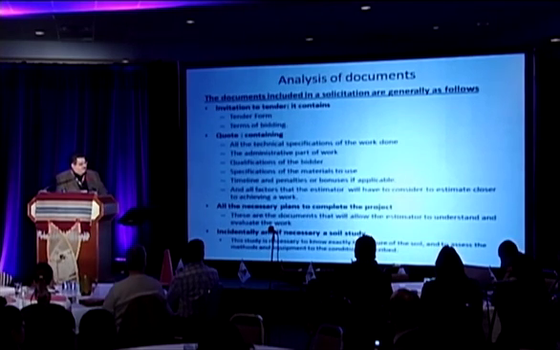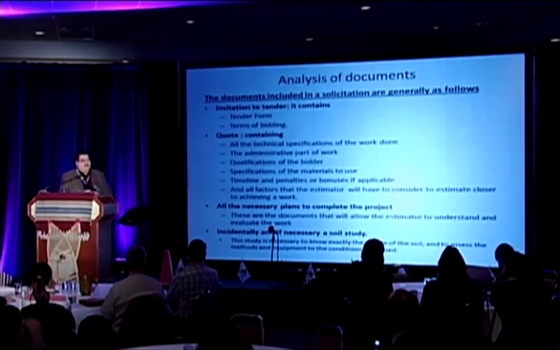It contains a tender form and the terms of bidding. So the criteria that the client wants you to respect when you're making your bid, and so that everybody is bidding equally on the same job, and that everybody's respecting what the client wants and what form they want it.